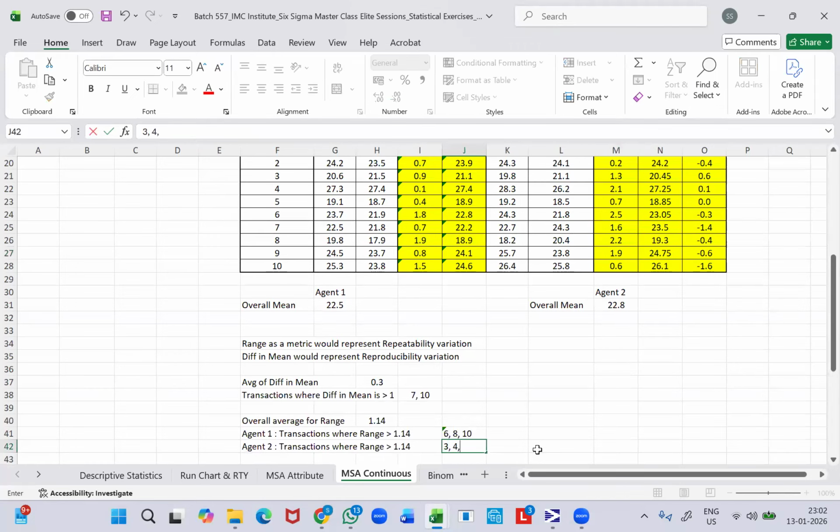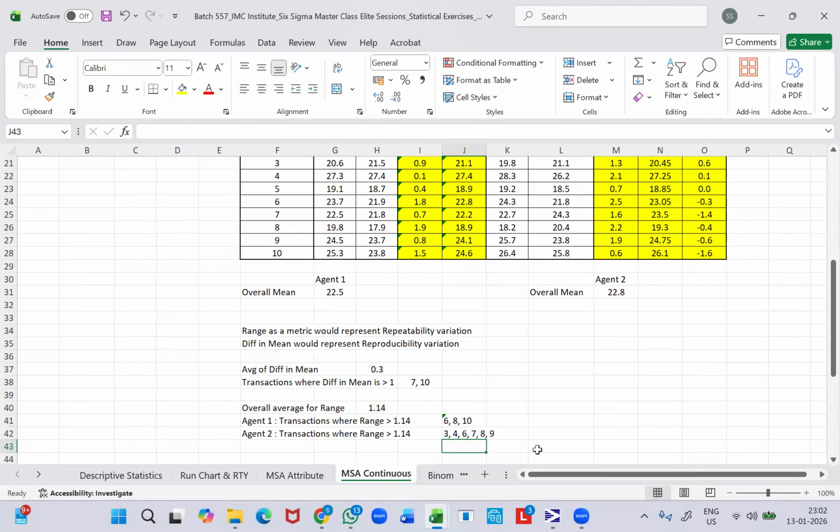So 3, 4, 6, 7, 8, 9 for agent 2. So three transactions for agent 1 have range values in excess of 1.14, and 6 transactions pertaining to agent 2.